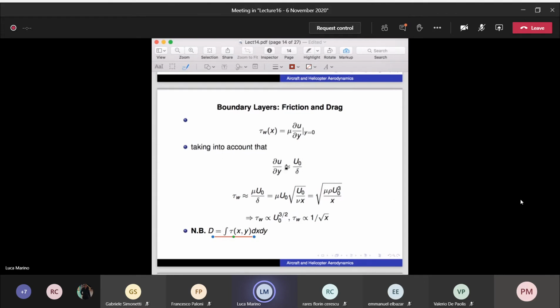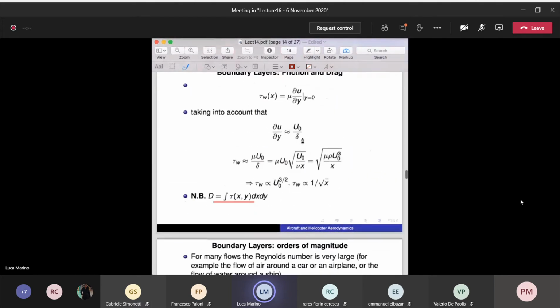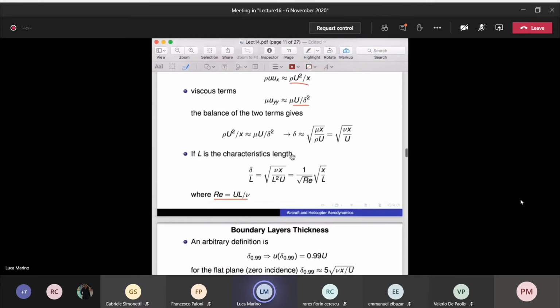Okay, if we again speak in terms of order of magnitude, we know that the reference quantity for the u component, the x component of the velocity, is named, for example, u0. The y component has as reference quantity, so this length has as reference the delta, which is the reference length, the thickness of the boundary layer. Okay, so this ratio is u0 over delta, but we know that delta, which we obtained here, is related to the Reynolds number through the square root.